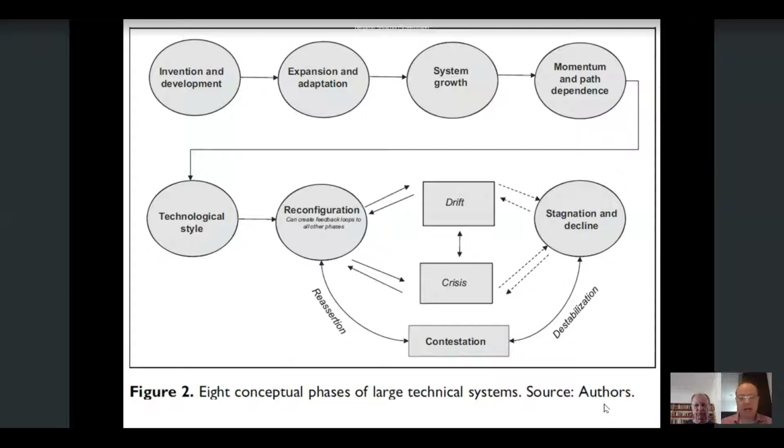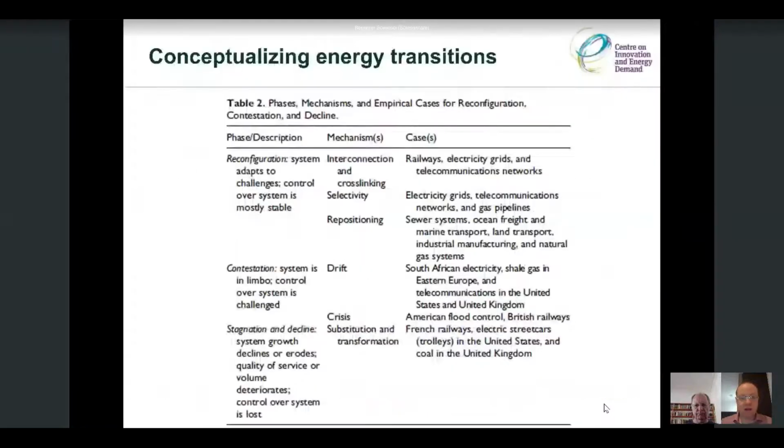And then we mapped out these phases among many socio-technical transitions, not just energy. We're talking electricity, rail, road, shale, nuclear, disaster relief, and flood control. The most interesting one, I think, is stagnation and decline, where we see French railways declining, the trolleys I mentioned, and coal in the UK.